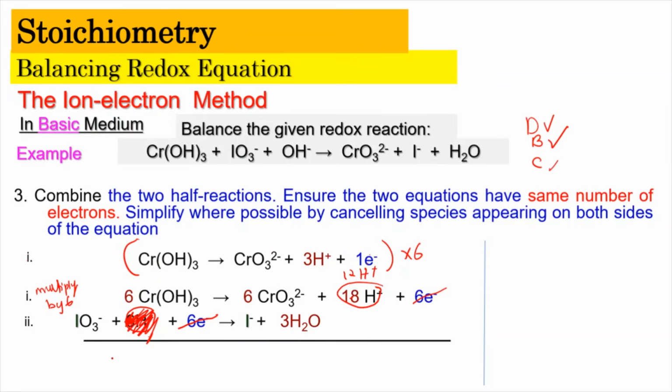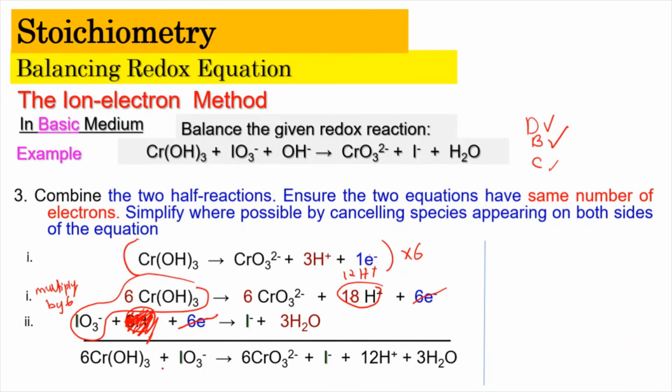On your leftover, you have 6Cr(OH)3 and IO3- as the reactant part. And for the product side, we have 6CrO4^2-, and then we have I-, we have 12H+, and then we have 3H2O.